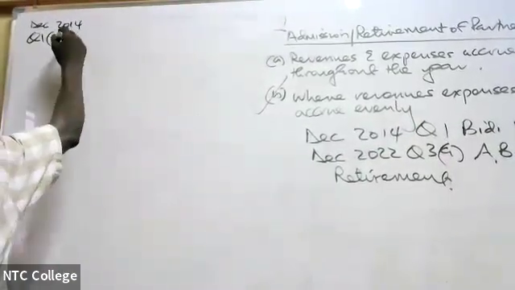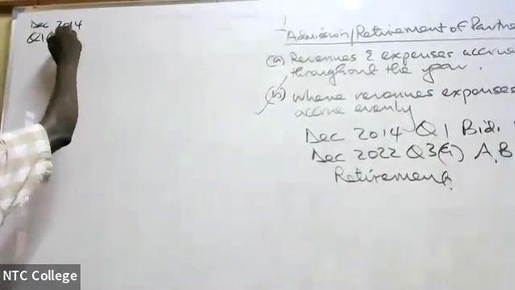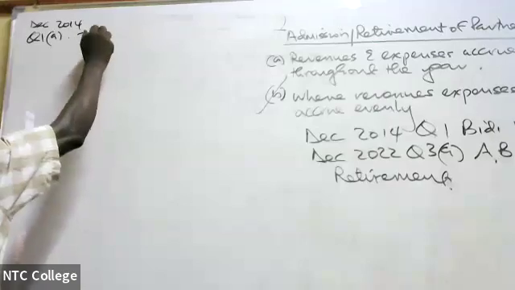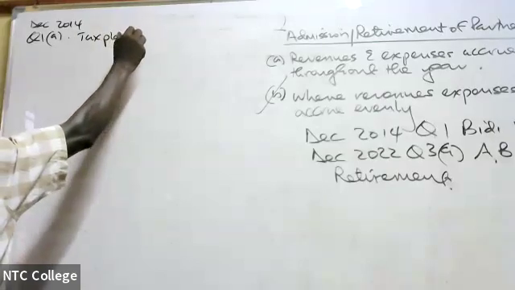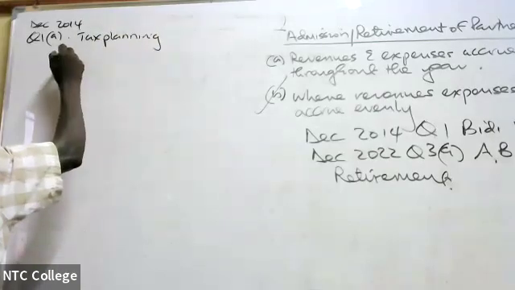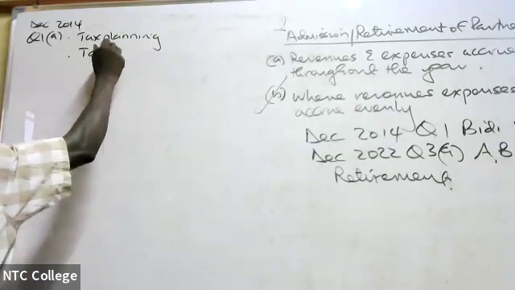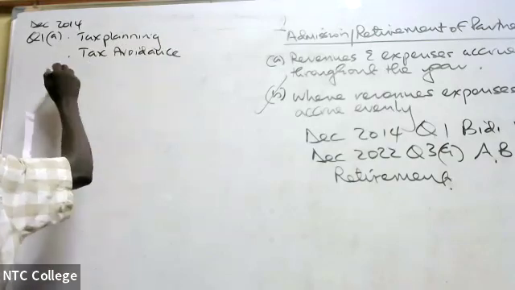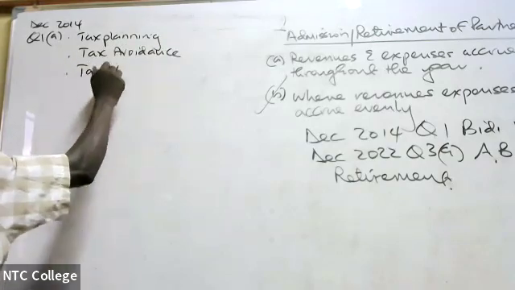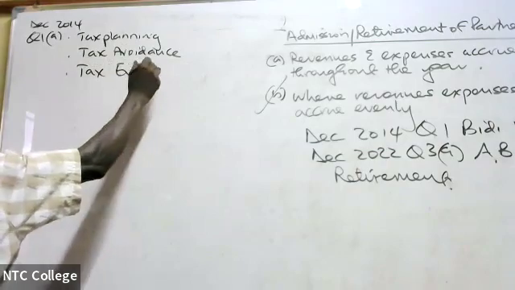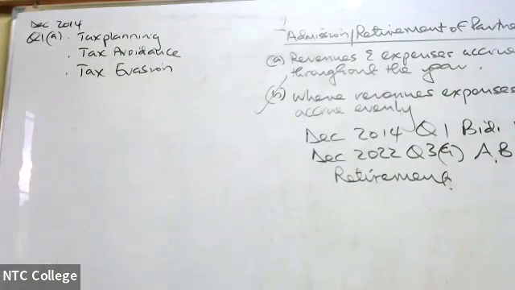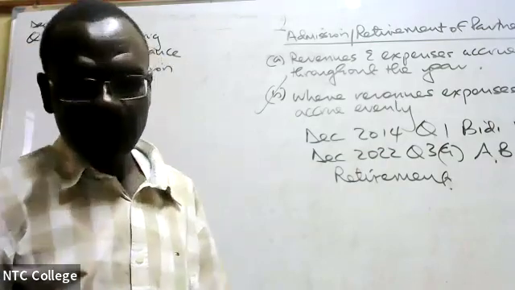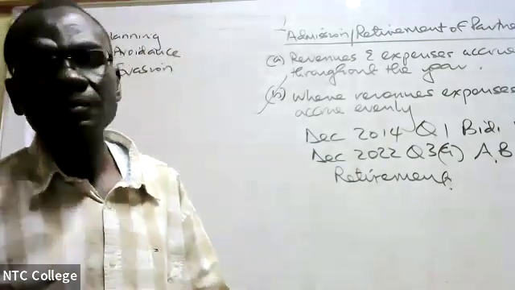So you have your tax planning, your tax avoidance, and your tax evasion. So I'll explain each one of them to distinguish them.